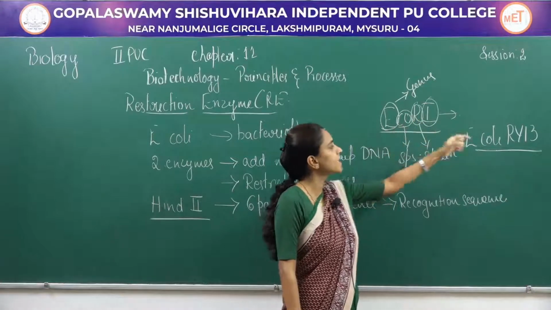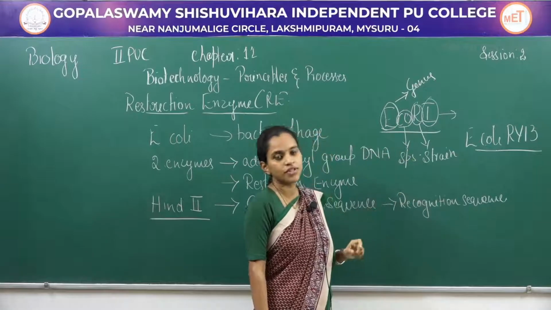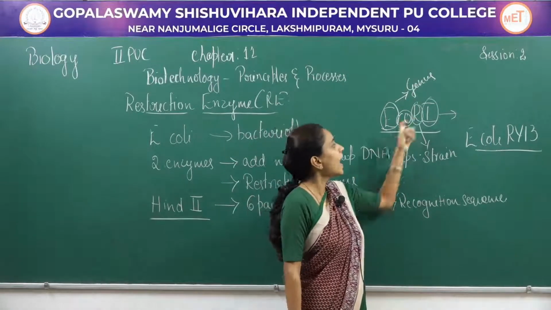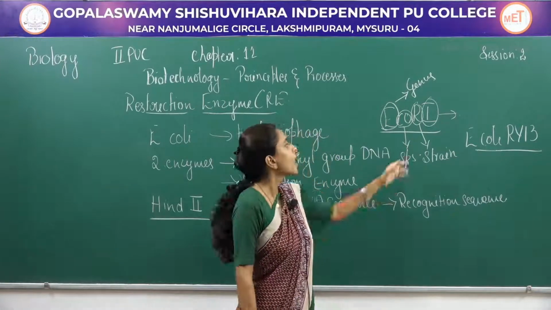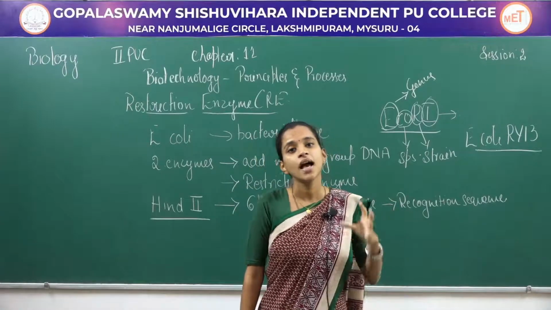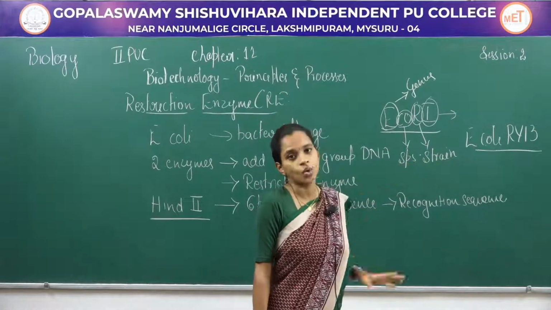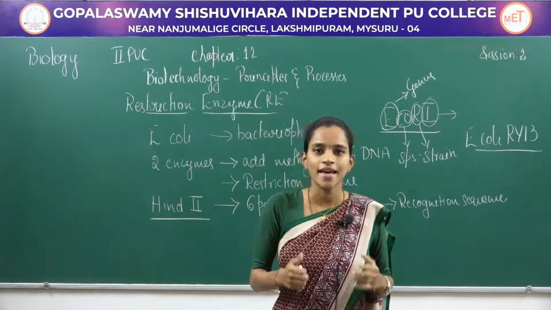The next two letters, that is co, are from the species name, coli. R represents the strain, whether it is a rough strain or a smooth strain. And Roman numeral I represents the order in which it has been isolated from E. coli. So that is how you have to name a restriction enzyme.